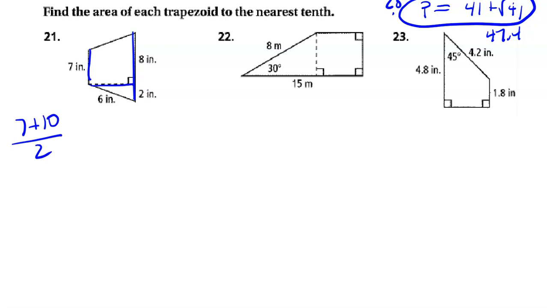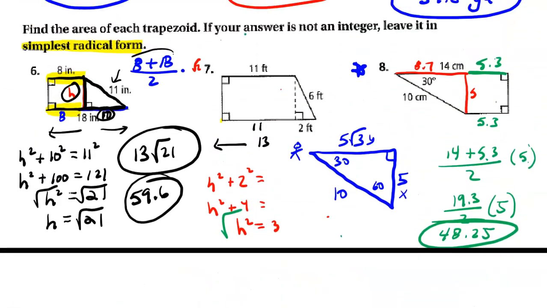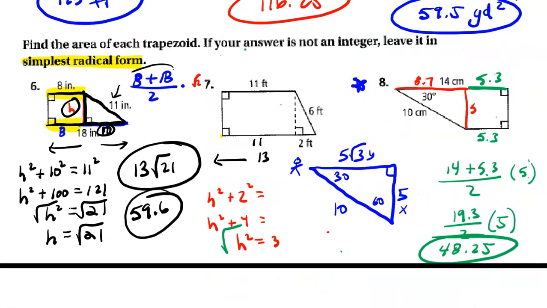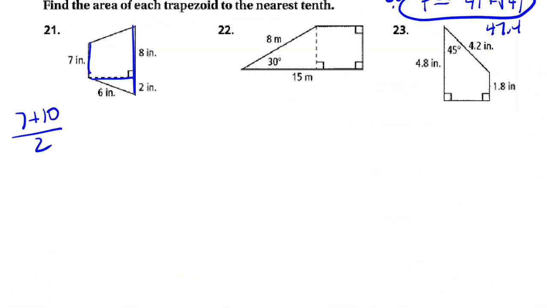I believe we already did this up above, 2 and 6. Yeah, that one's over here. We already did that. 2 and 6 came out to be... looks like I erased it. Don't know where it went. So I guess we'll have to do it again. Doggone it.